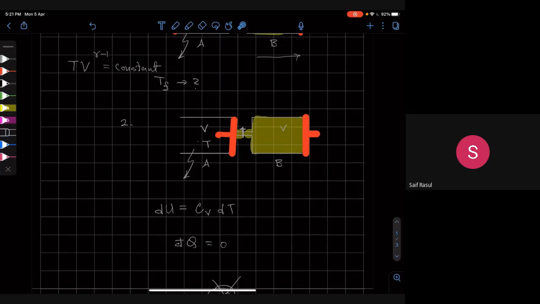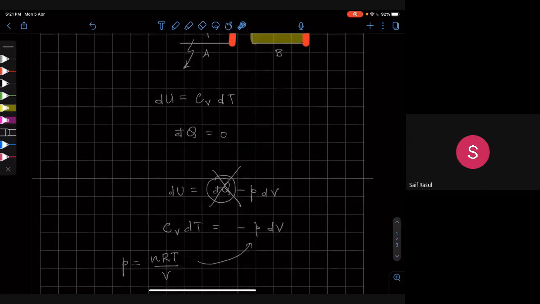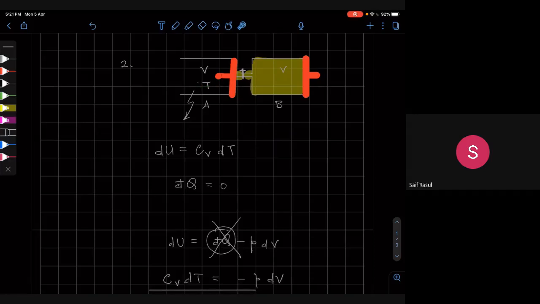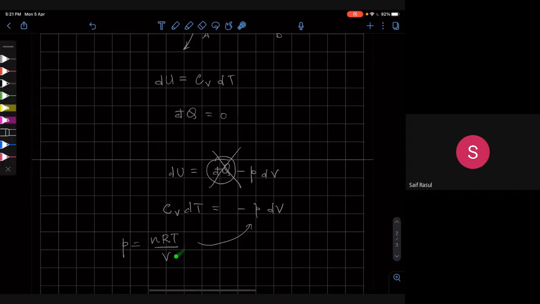So that is something you should probably use for chamber A, right? You see what I mean? In fact, as I said before, you don't even have to use this if you assume that P is constant, because P is constant, so you just do the integration.